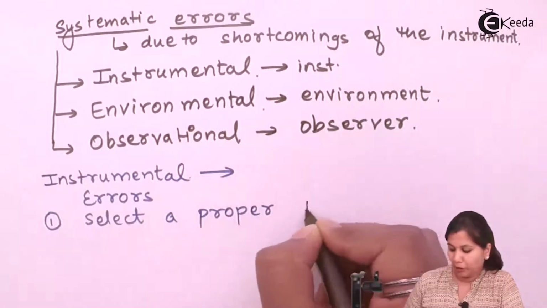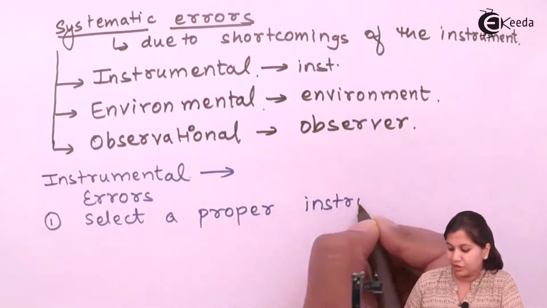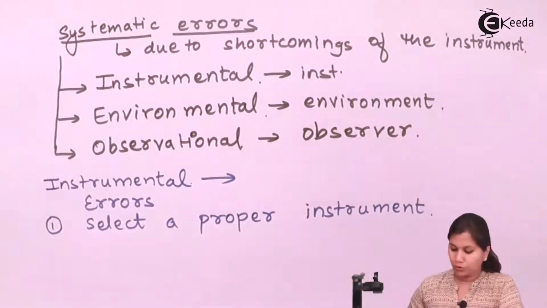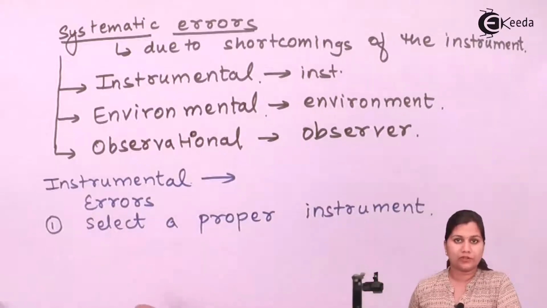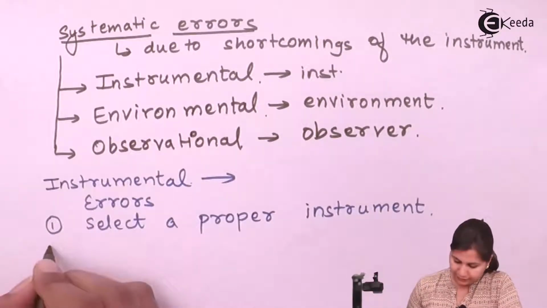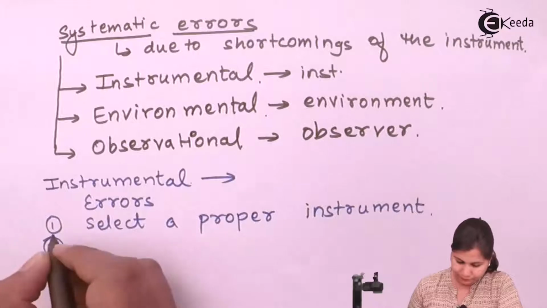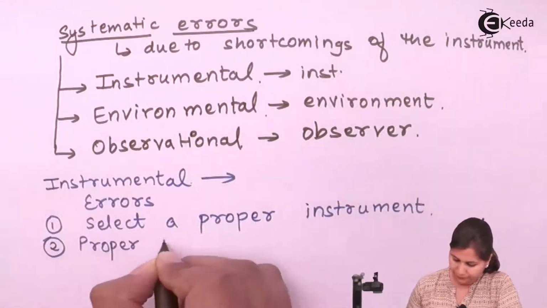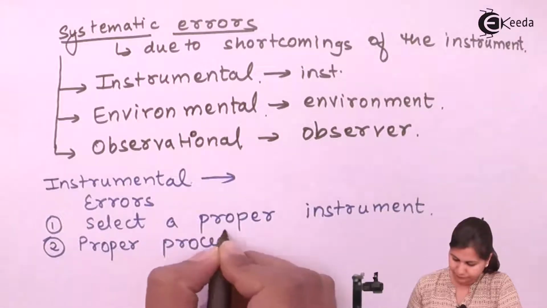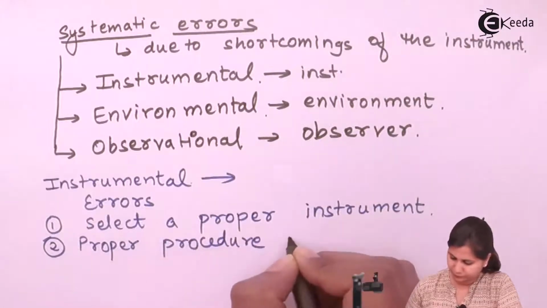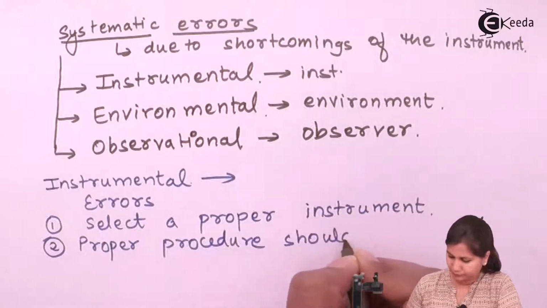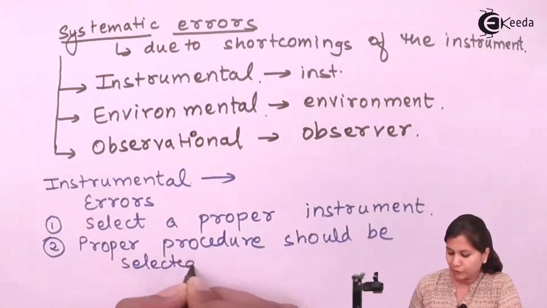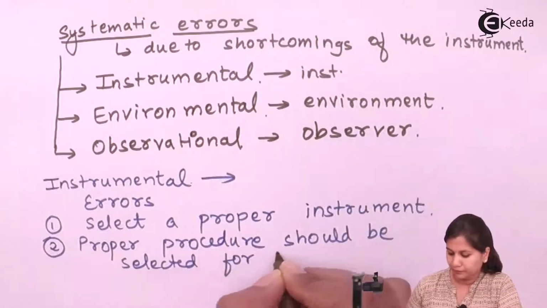If the instrument is properly selected, then there are fewer chances of errors in the measurement. So first of all, we should select the instrument properly. After that, the proper procedure should be selected for the measurement.